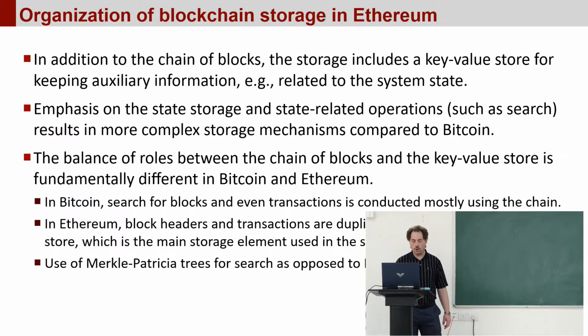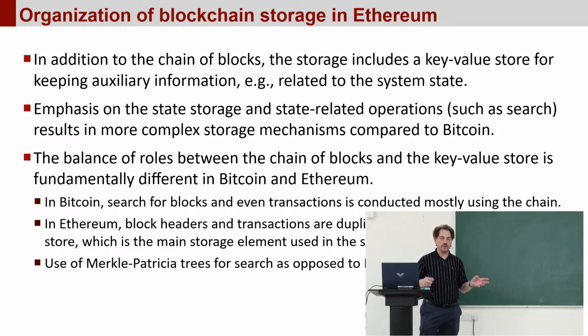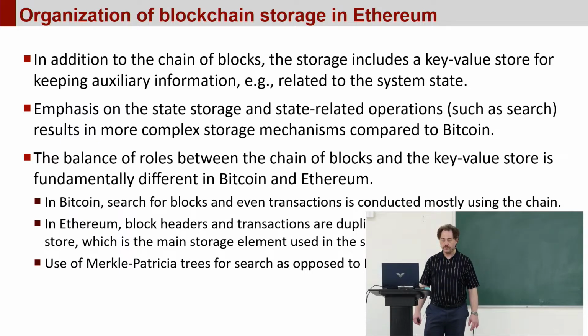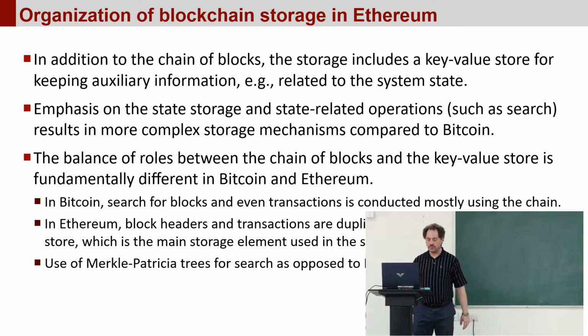In Ethereum, all information that is stored in files on disk is also duplicated in the LevelDB key value store. For example, we keep block headers and transactions in the LevelDB key value store. And the key value store is the main storage element used in the search. So the storage on disk of individual blocks is not as important in Ethereum as it is in Bitcoin.